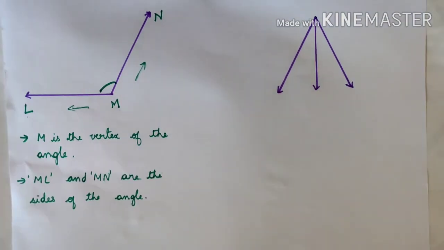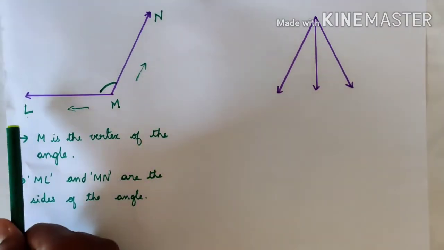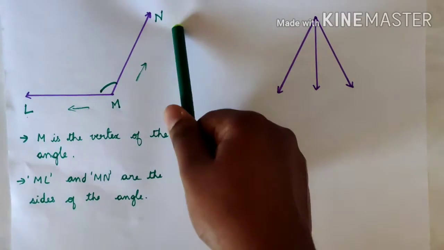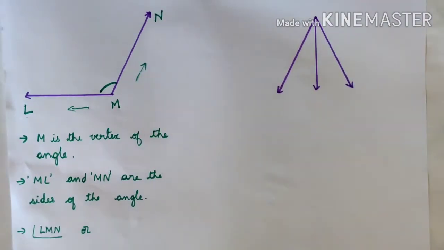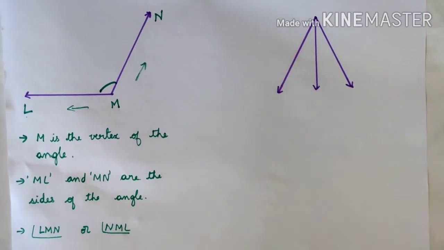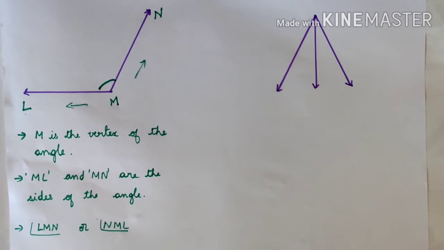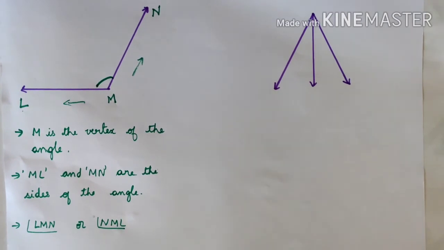Now how to name the angle? Since M is the vertex, M has to come in between. We can name the angle either as angle LMN or angle NML. So M has to come in between since the angle is formed at M, or M is the vertex of the angle.